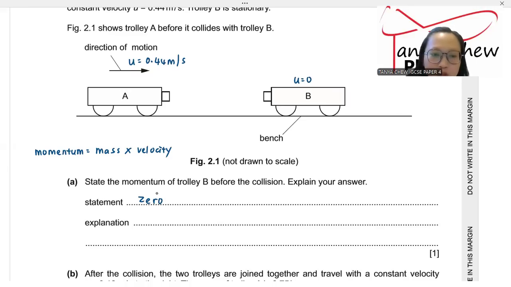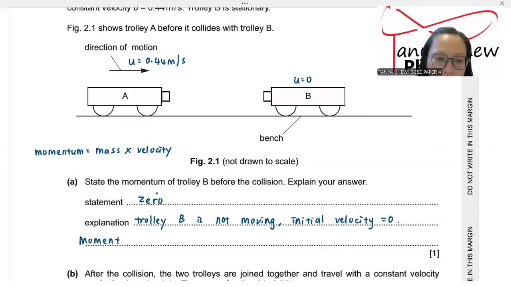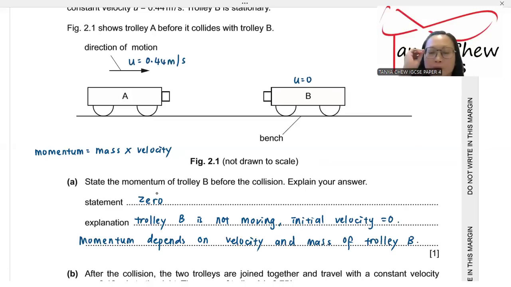Because trolley B is not moving, initial velocity is equal to 0, and momentum depends on velocity and mass of trolley B. For the explanation part, you can explain it using your own logic.